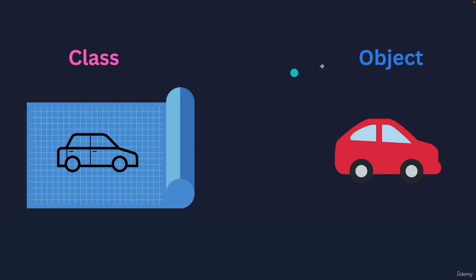And what you can do is you can use this class to create an object, and this object is going to be your car, essentially your actual car, and whatever that car is going to be doing, whether it's going to move, it's going to stop, and all sorts of things. So that is going to be your object. So just if you want to get a better understanding of it, a class is basically a plan, a blueprint. An object is basically what you're actually putting into use, what you're creating from that class.